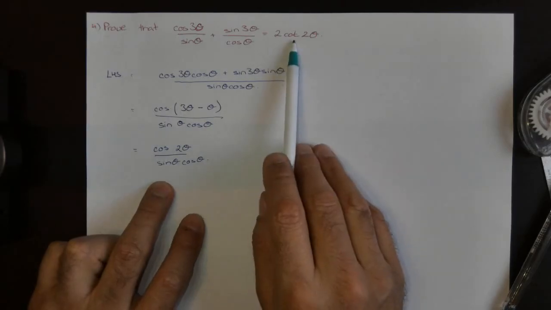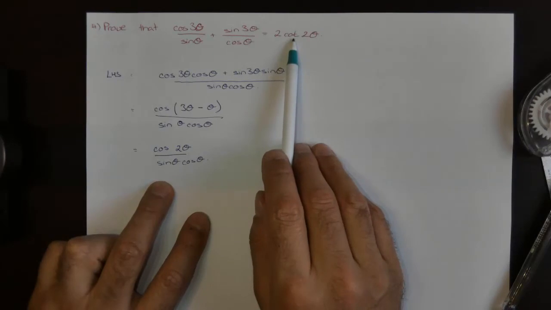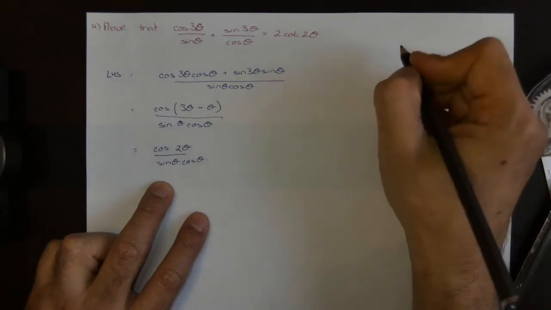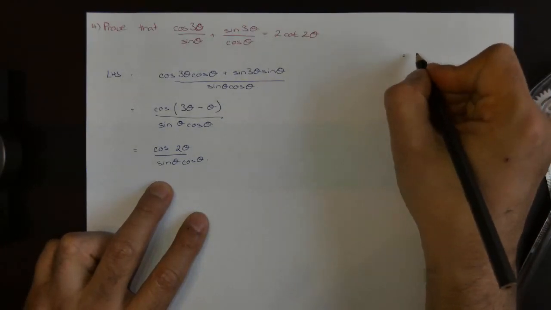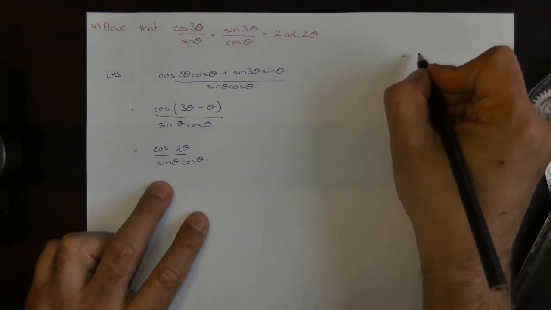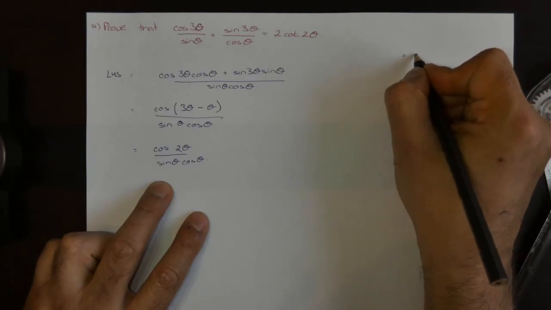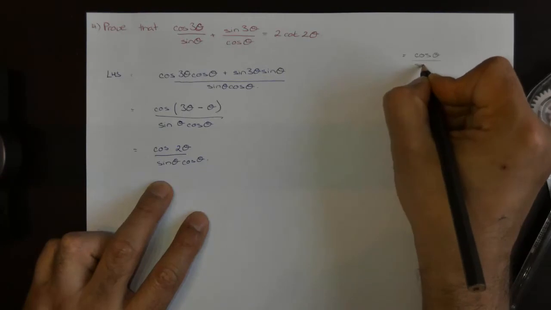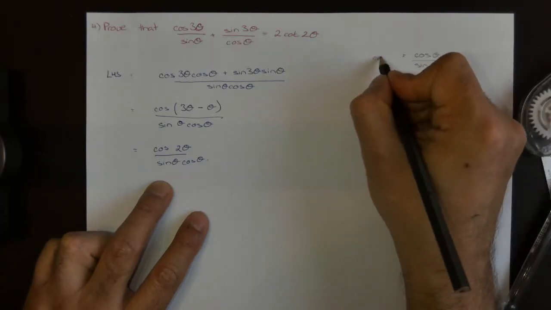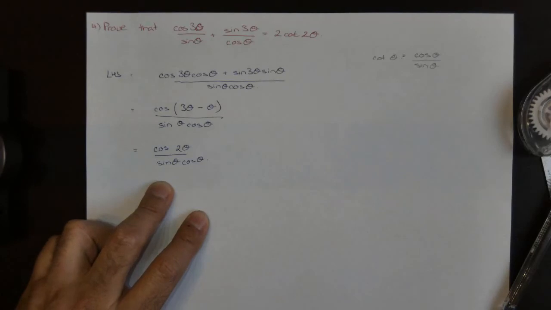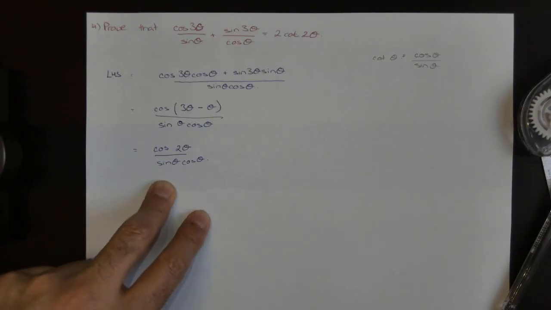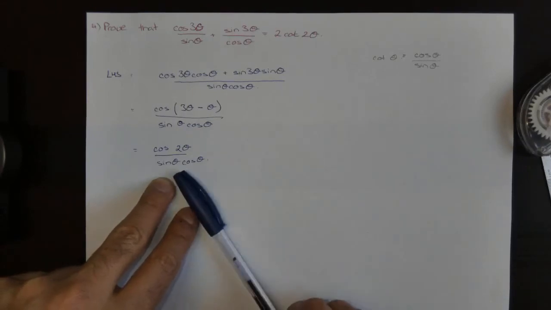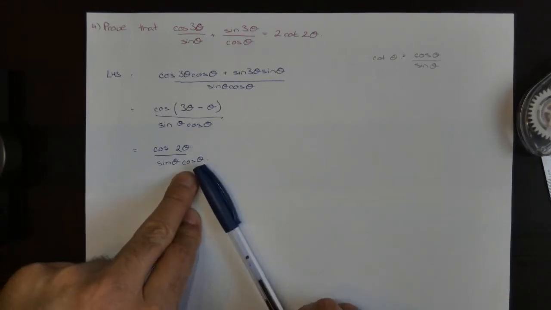Because I want to get a cot on the right-hand side, I want my answer to look like cos something over sine something, because that would be cot. So I'm looking to cancel off the cos theta at the bottom here.